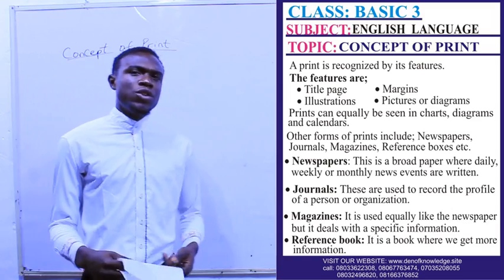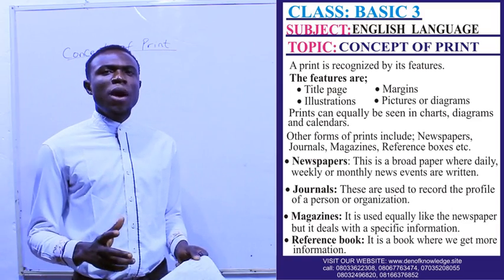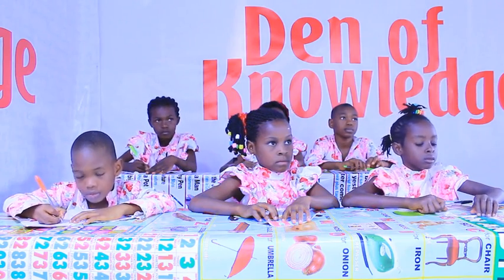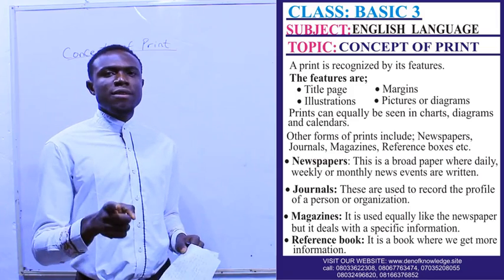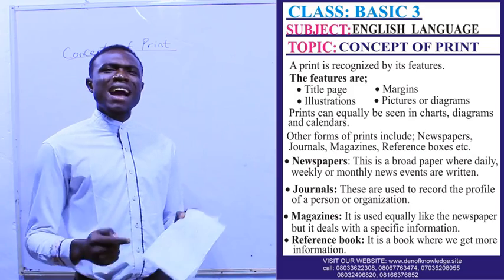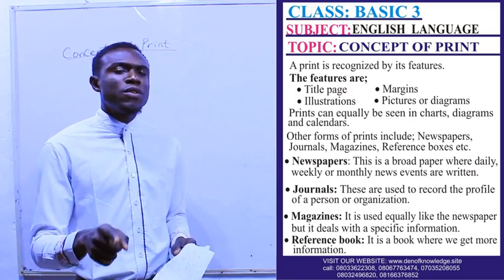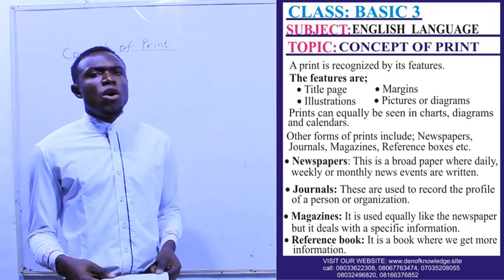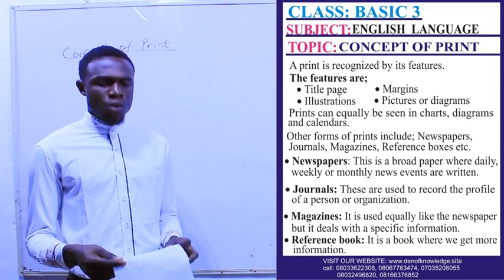I told you initially that the concept of print is all about the book you read. It's all about how it's being produced, how it's being made, so that you can identify some important items on those books. Now, we are going to look at another thing we never talked about.